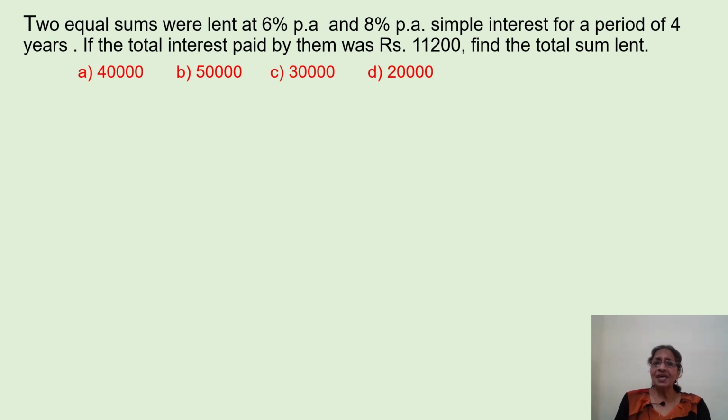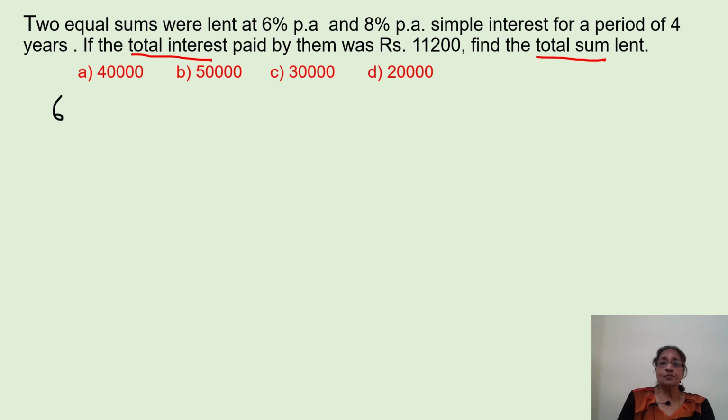Now, a similar sum, but slightly different again. Two equal sums were lent at 6% and 8%. Now they are two different rates, for a period of 4 years, but the number of years are the same. In the previous sum, we had the rate same, but two different periods. Now, again, if the total interest paid is given, we need to find the total sum lent. So, read your sums very carefully.